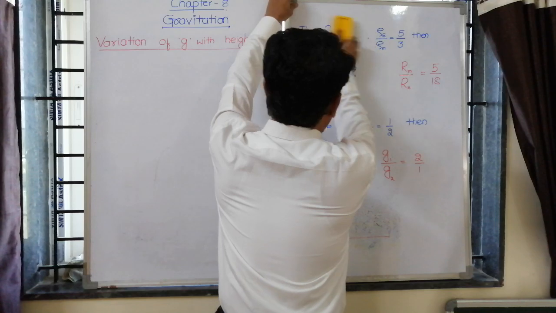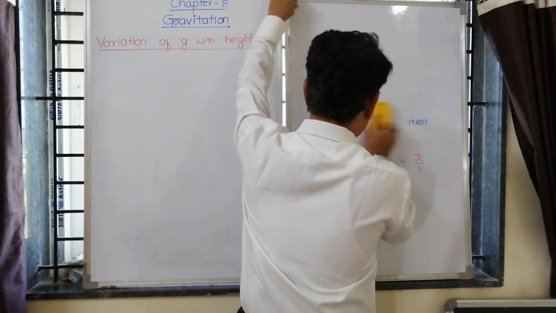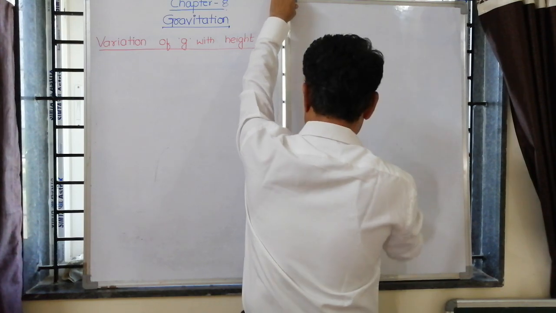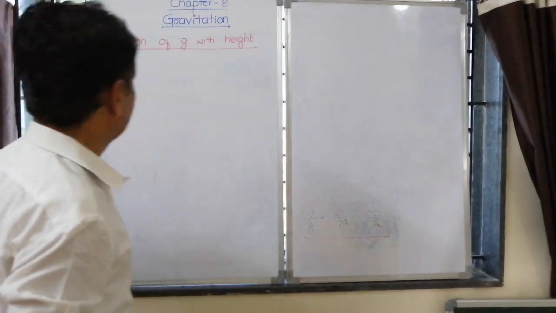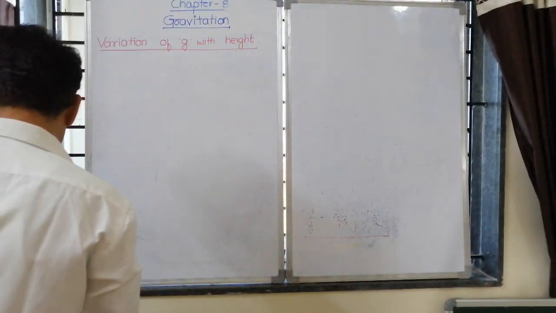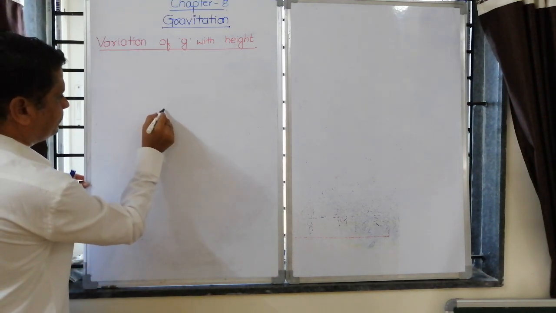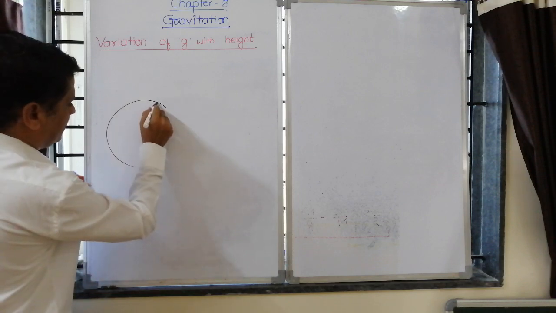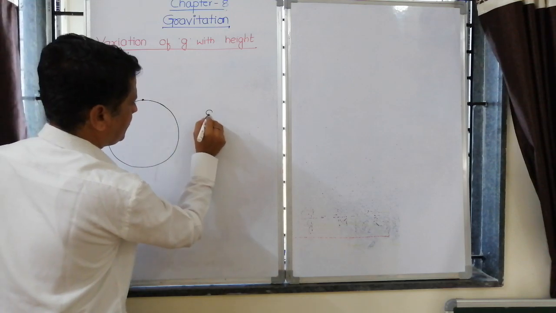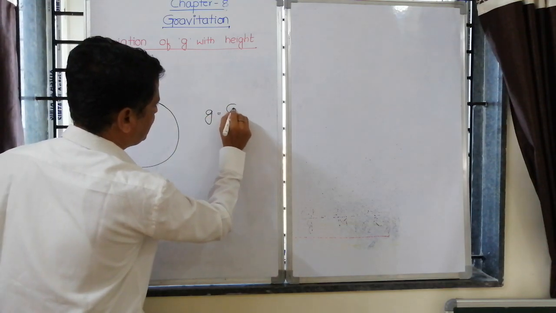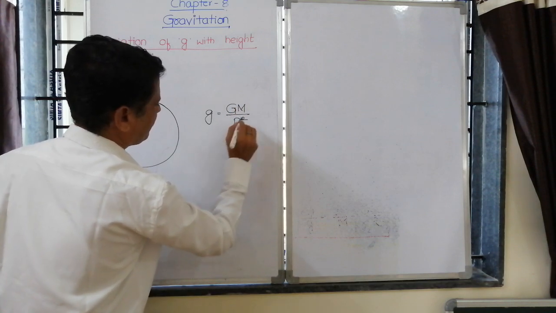Okay. Now the next point in our topic is variation of acceleration due to gravity. That is variation of g. See, when we take any planet or earth, on the surface of earth, g is equal to GM by R square.